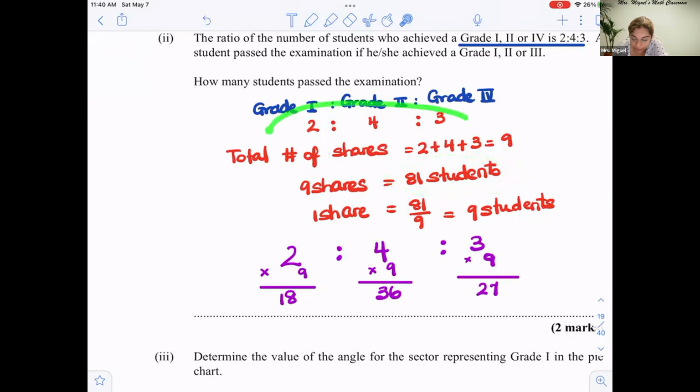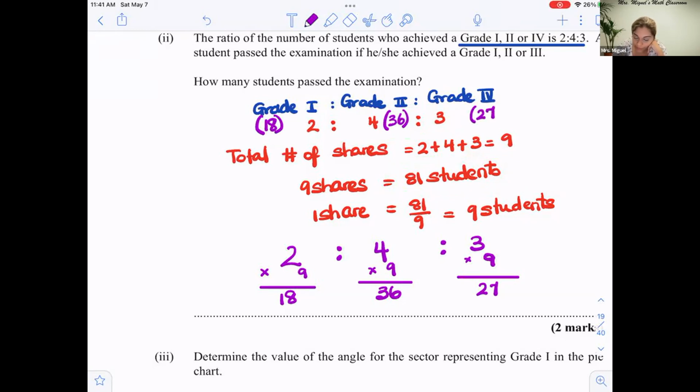All the 81 students in the ratio? So really and truly, grade 1, we have 18 students. Grade 2, sorry, we have 36 students. And grade 4, we have 27.